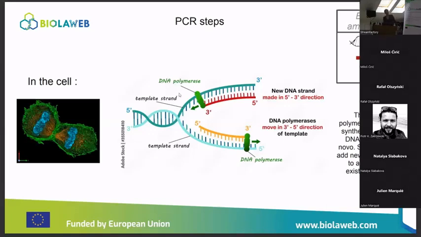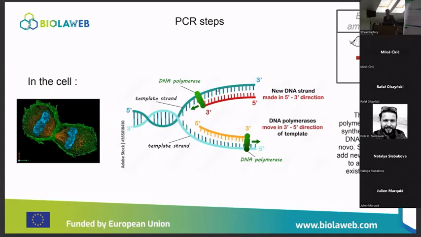One thing you have to know is that these proteins cannot synthesize a new DNA strand de novo. It can only add new nucleotides to already existing sequences. It cannot start, it can just go there and then continue to put complementary nucleotides on these DNA strands.